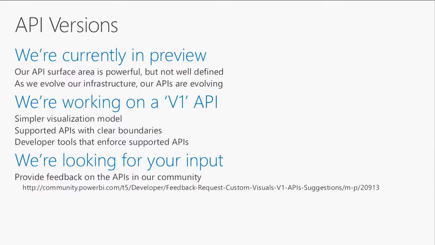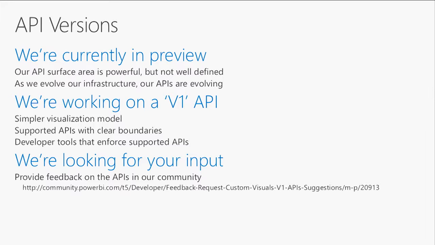The next thing is API versions. So our current APIs are in a preview state. What that means to you as a developer, and you may have seen some traffic on Stack Overflow or whatnot, is that there are some API changes that periodically cause visualization authors to have to adapt their visualizations. What we're trying to do is build out a V1 set of APIs. We're in the very early stage of that.